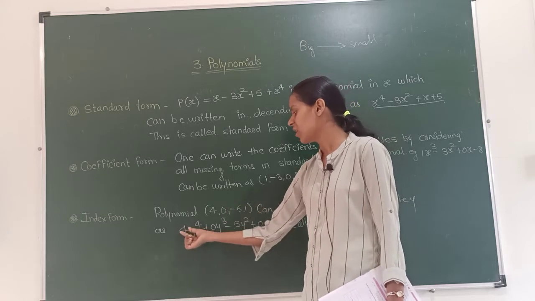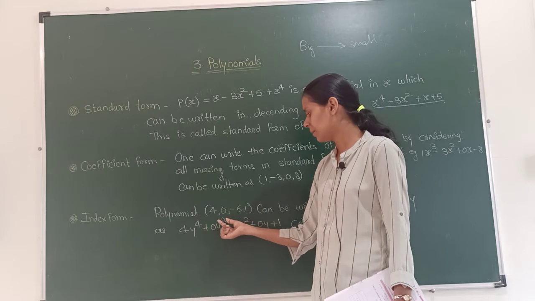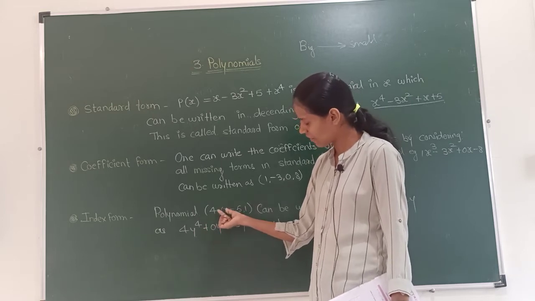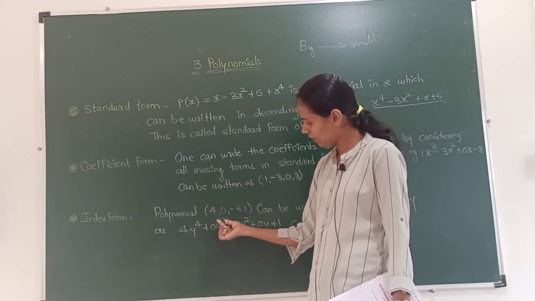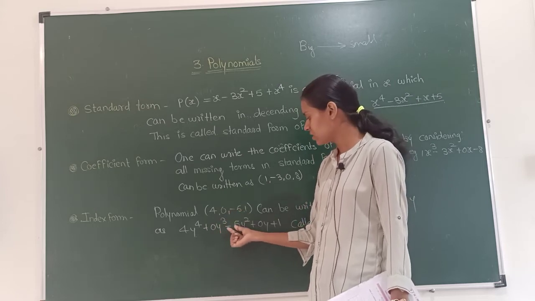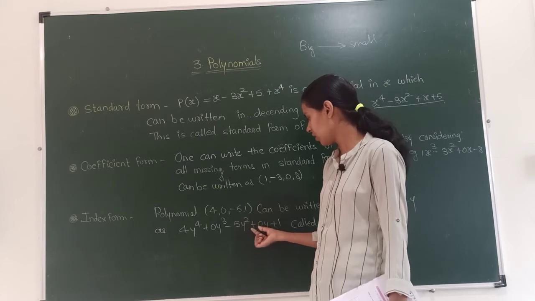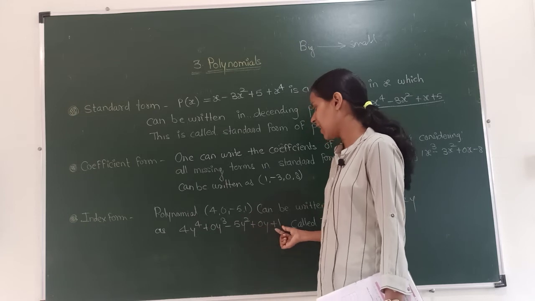We will write it as 4y power 4 plus 0y power 3, minus 5, they have given us minus 5, so minus 5y square, plus 0y, not given, but we will write 0 here, and plus 1.